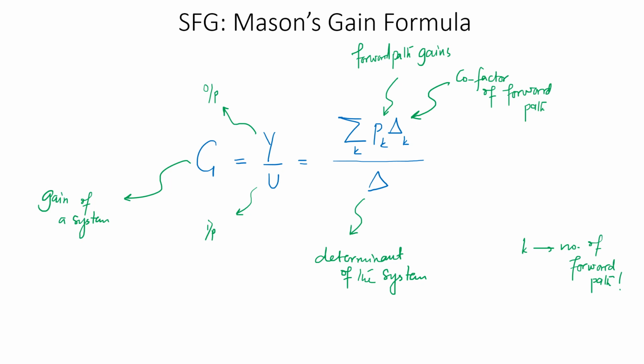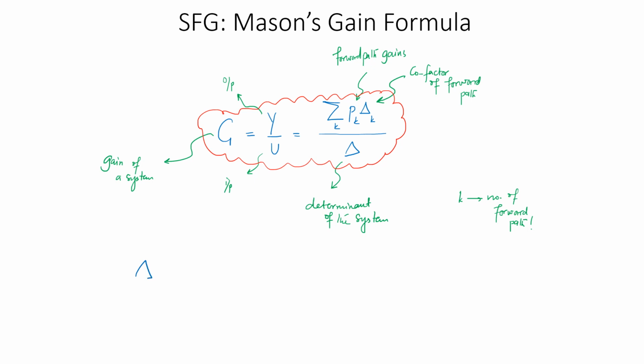In this particular case, you can now see that the formula is given over here, that you can compute the gain of a particular system when you have this numerator and denominator computed. But what are going to be the formulas corresponding to these terminologies? Let's explore that as well.